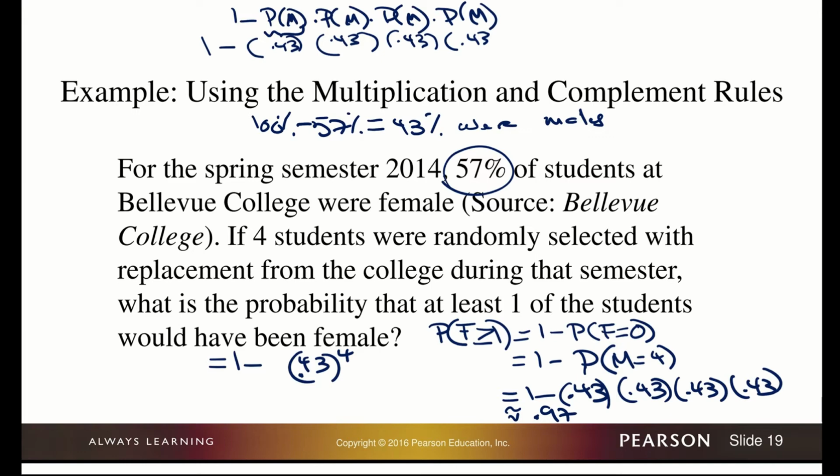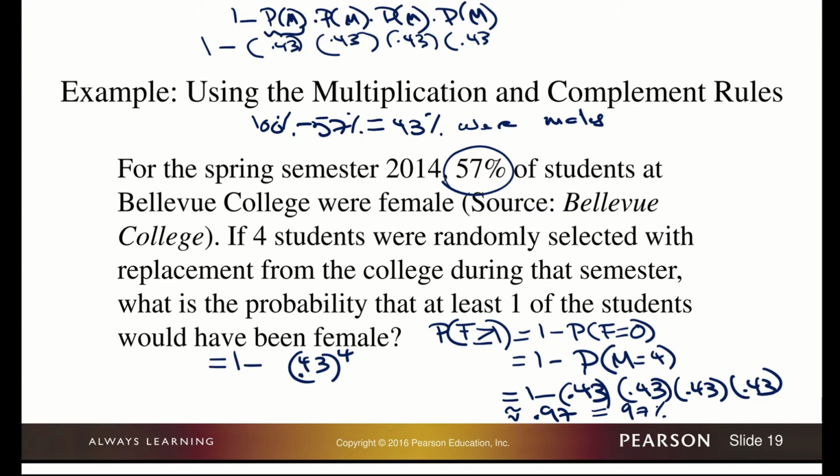That's what replacement means. Then the probability of at least one of those students being female is basically almost 97%, right? Because remember, you can write 0.97 as 97%, same thing, okay?